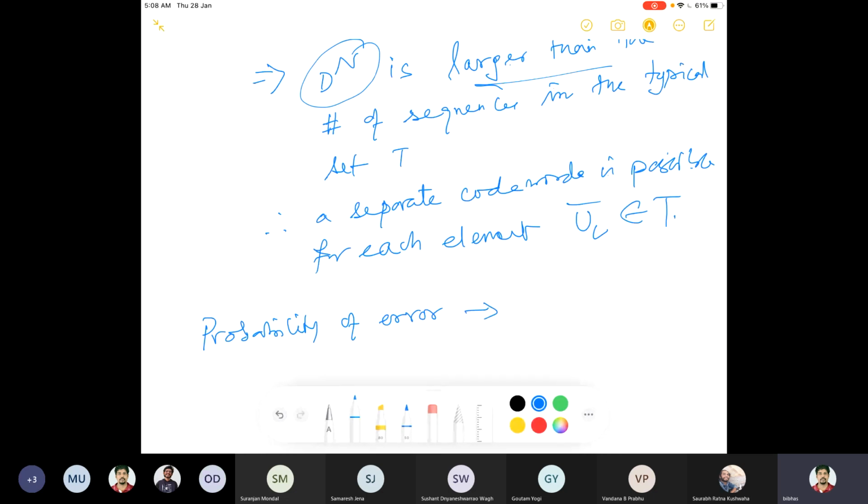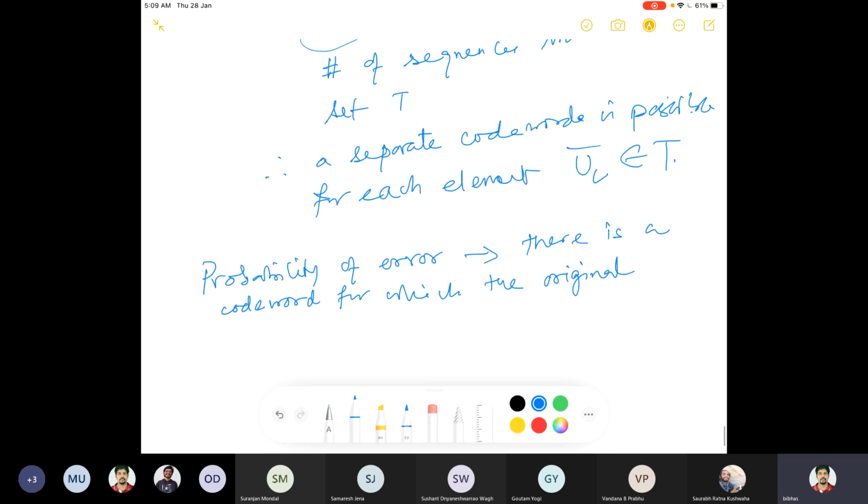That means there is a code word, or a sequence of code words, for which the original sequence of source letters is not possible to derive. So, probability of error.